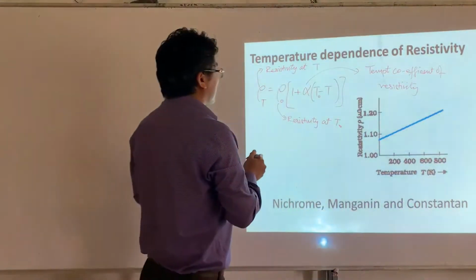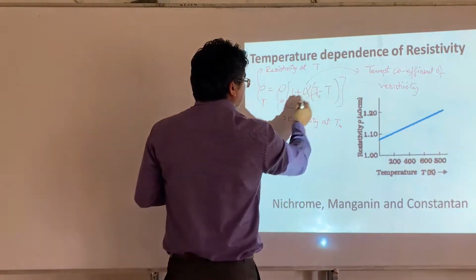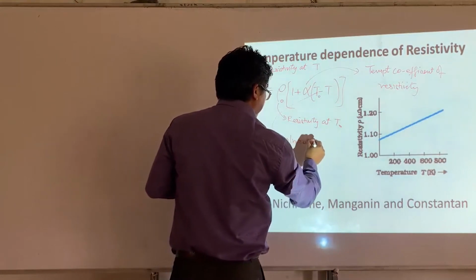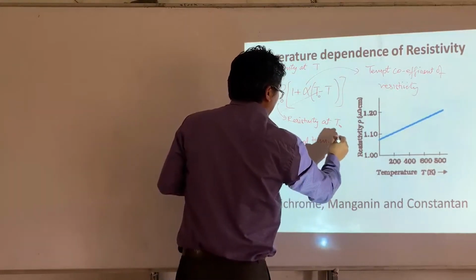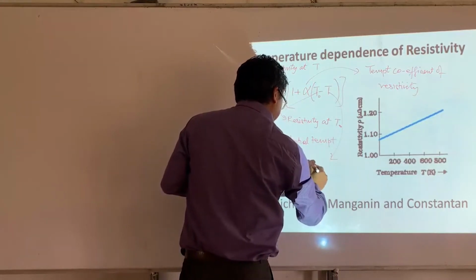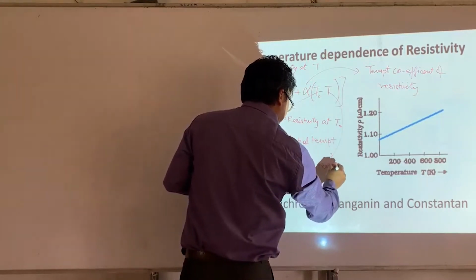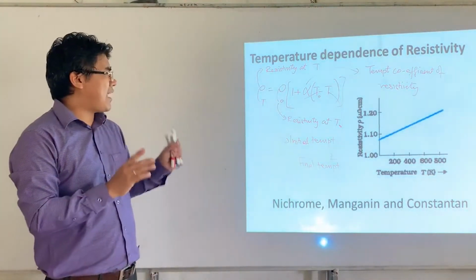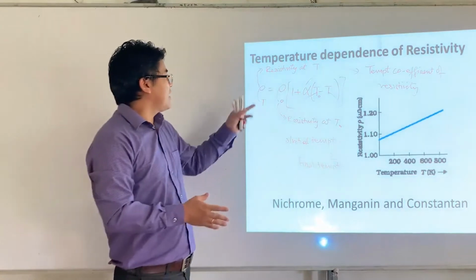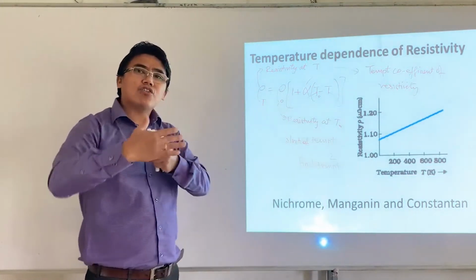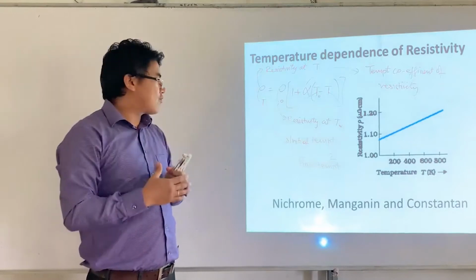T naught is the initial temperature and T is the final temperature. This is the equation, and I told you just now that it is not for all temperatures. It is for a very short range of temperature.